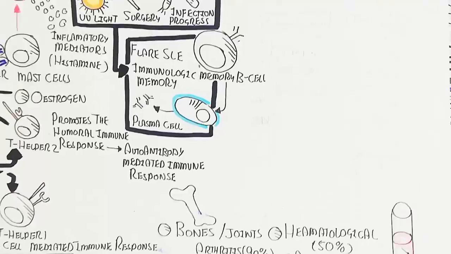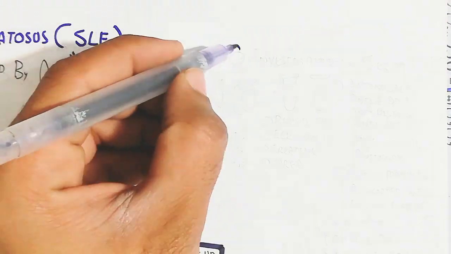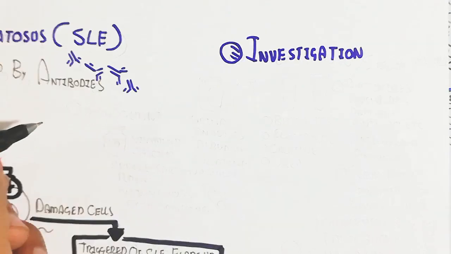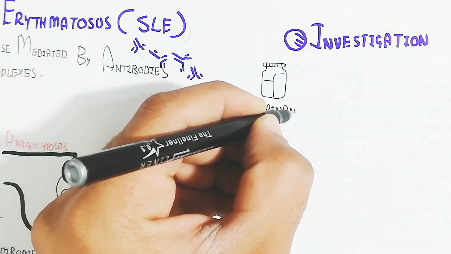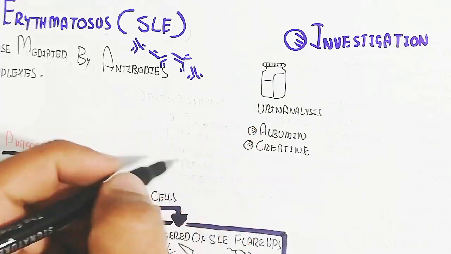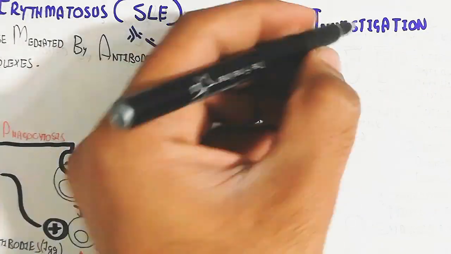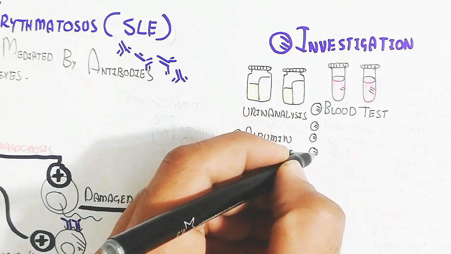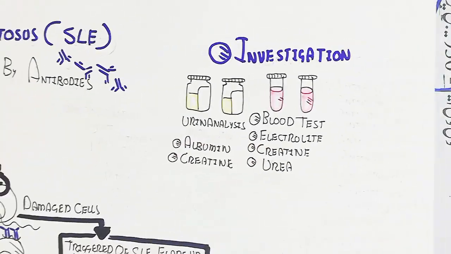Let's begin to understand the investigation further. The investigation of systemic lupus erythematosus, SLE, is basically that we can diagnose through urine analysis and identification of albumin and creatinine. On the other hand, blood tests for electrolytes, creatinine, and urea in the blood, and we can also identify urea in the urine.